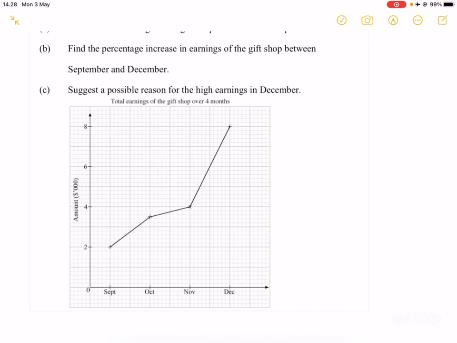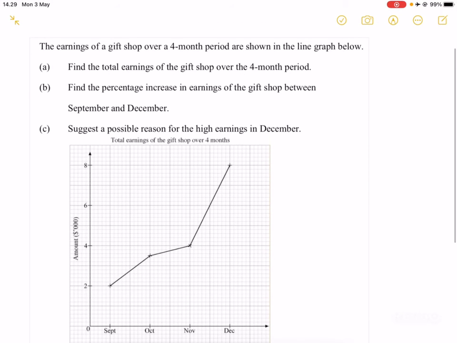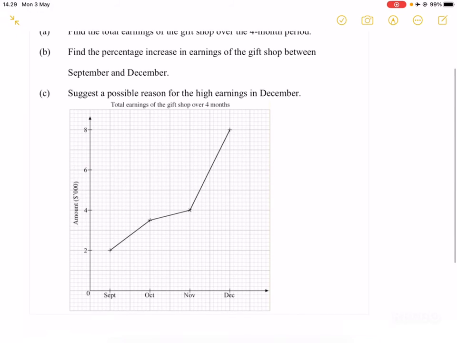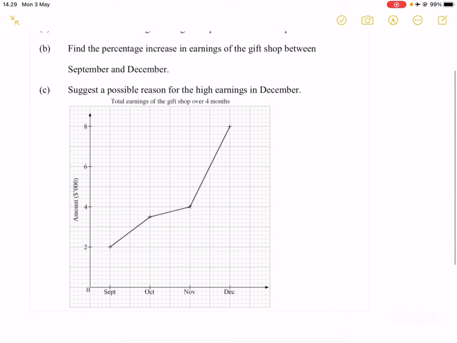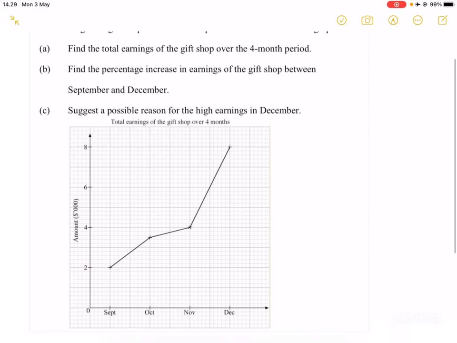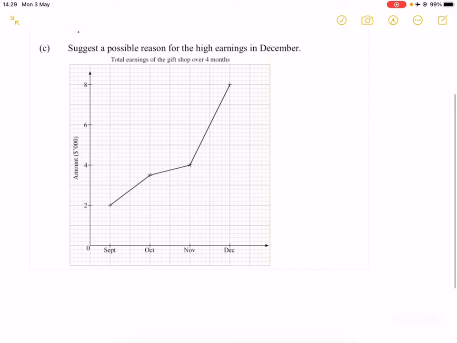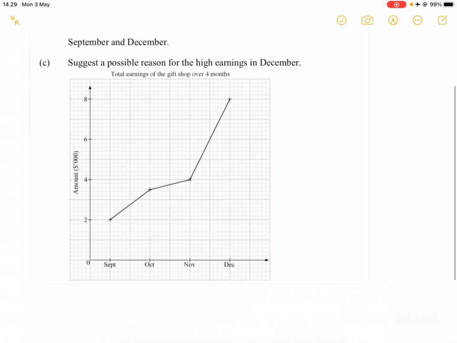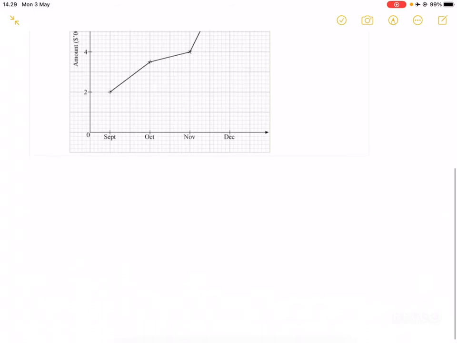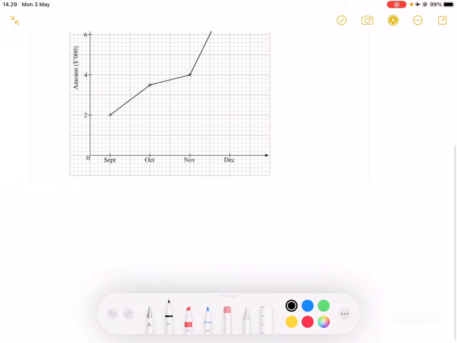We need to find the total earnings, the percentage increase from September to December, and a free response question as a bonus, a possible reason for the high earnings in December, as shown in the line graph here. As you can see, it is very high, if I would say.